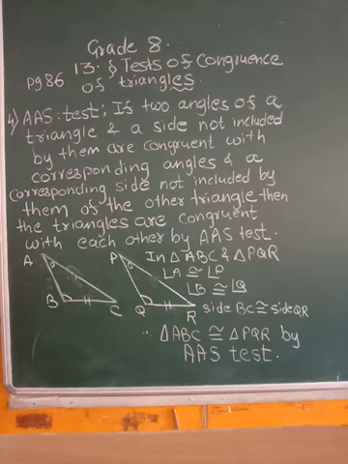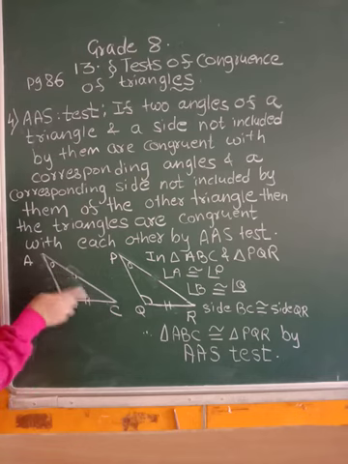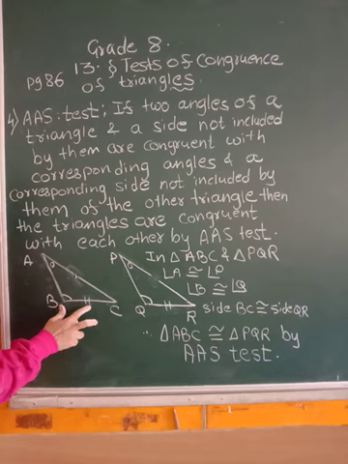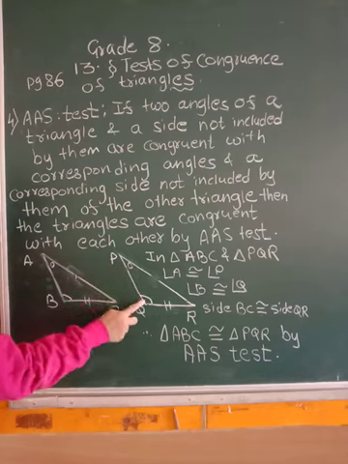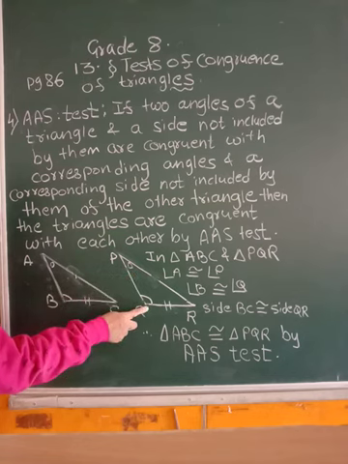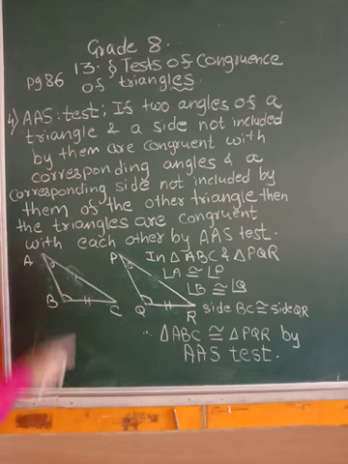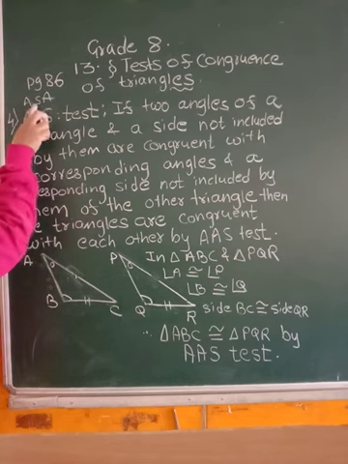Alright. So what we have written: if two angles of a triangle and a side which is not included by them, these three things are congruent with the corresponding angles and a corresponding side which is not included, then these two triangles are congruent by AAS test. See students, if it is ASA, this is the included side.